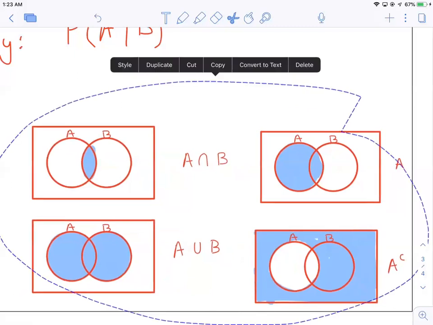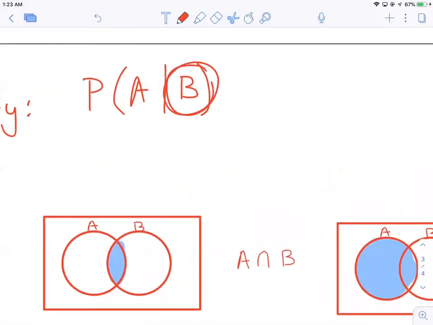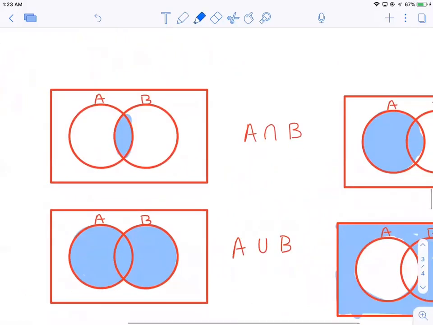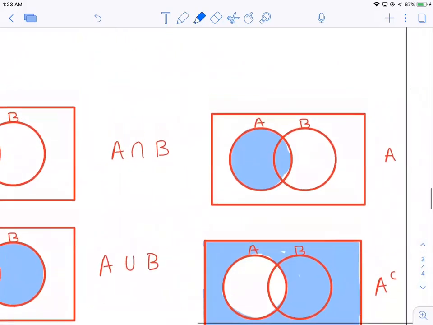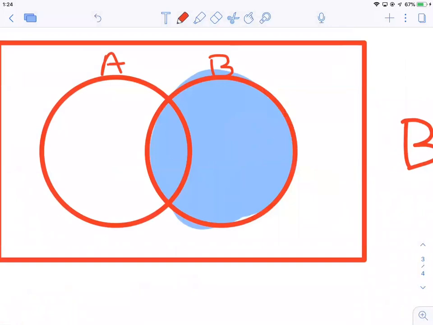If I'm given B, I know I'm looking out of all the people. Sorry, let me change this to just B instead. So probability of A given B, if I'm given B, I know I'm looking at this population, the highlighted population. That is B.